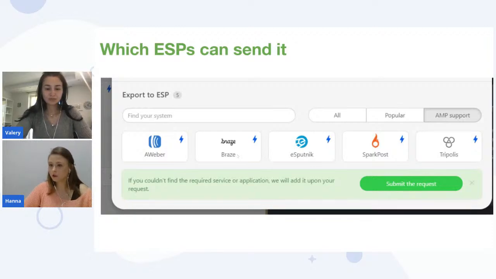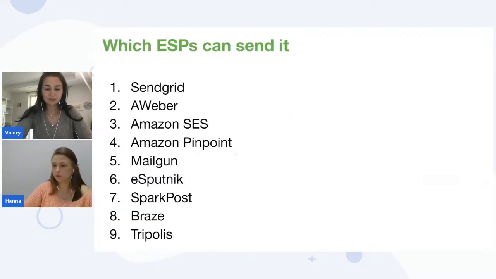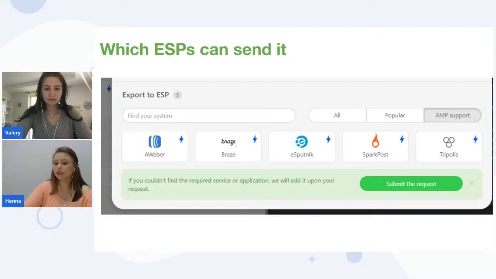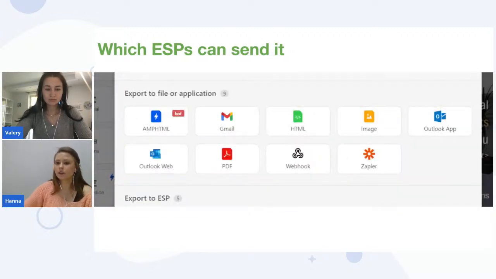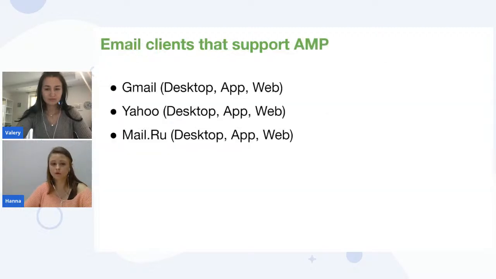So even if you use one of these ESPs but it is not listed here, you still can export an AMP for email file using this AMP HTML. It's going to work as well as your usual HTML. You just download it to your ESP and send it.